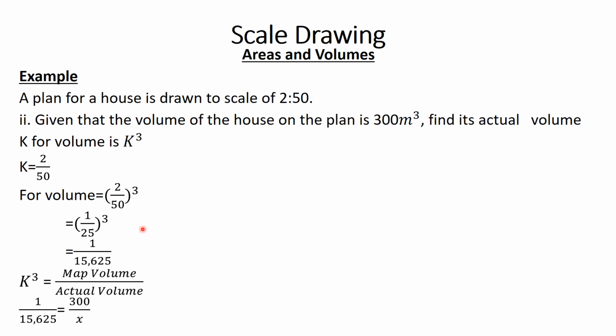So when we replace K power 3, map volume and actual volume, and cross multiply, 1 times x is going to be x, 15,625 times 300 is going to be... 468,007? Is it? It's 4 million actually. It's going to be 4,687,500 meter cubed. So this is the actual volume for that given house.